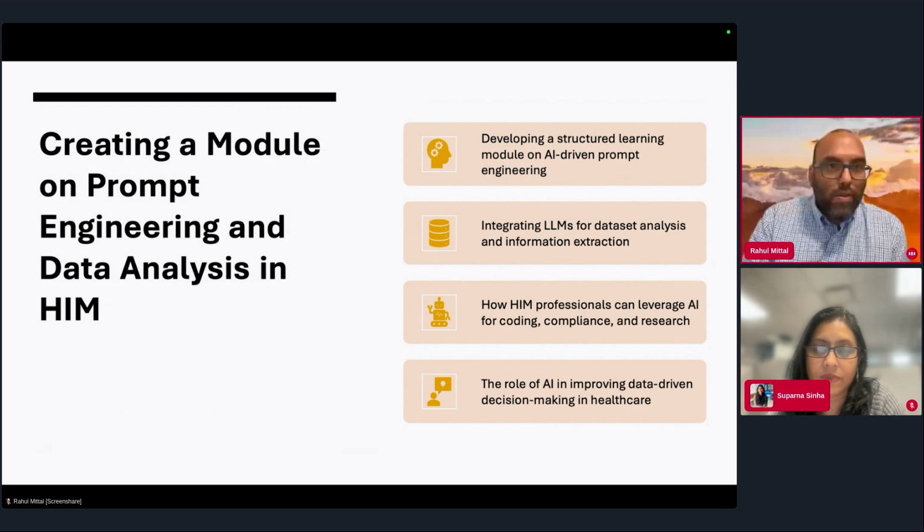This is further around leveraging AI for coding, compliance, and research.